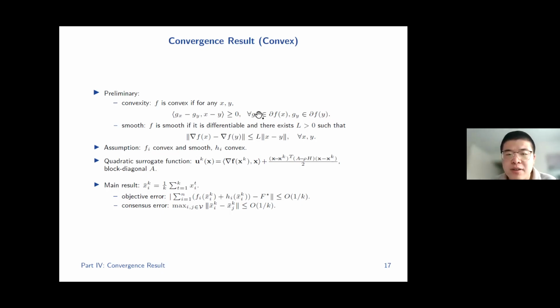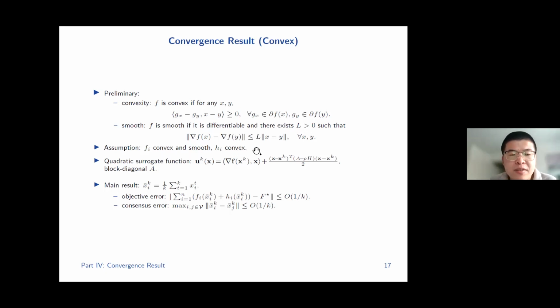In these 2 assumptions, we require each f_i to be convex and smooth, and the function h_i to be convex. This is a standard assumption in convex optimization, and is not very restrictive.